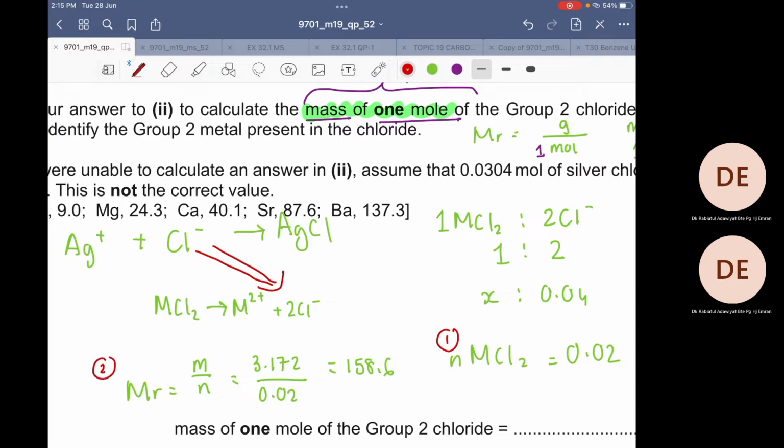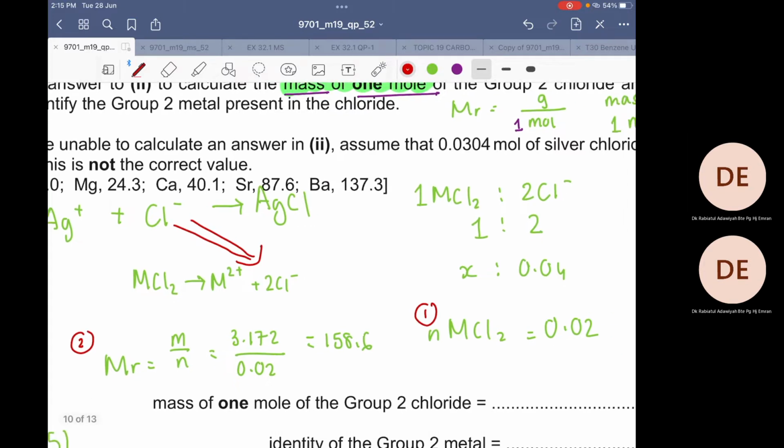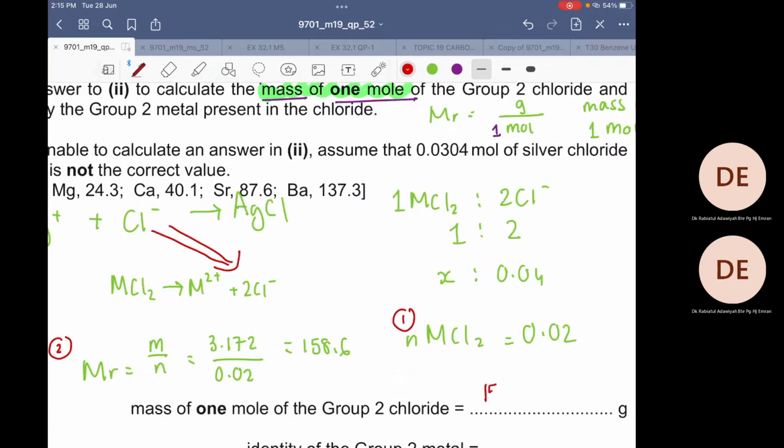Okay. Once I know the number of moles, so I started with number 1 here, I find the Mr because that's what mass of 1 mole is. Okay. Mr is equal to mass over mole. Just rearrange. n equals m over Mr. So Mr is equal to m over n. So my Mr for this metal chloride is 158.6.